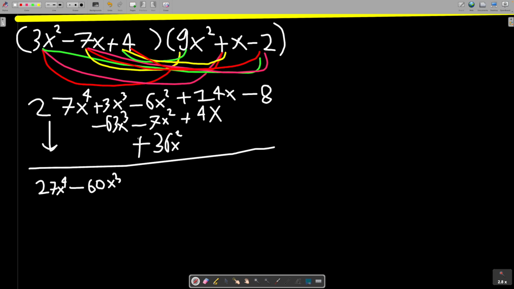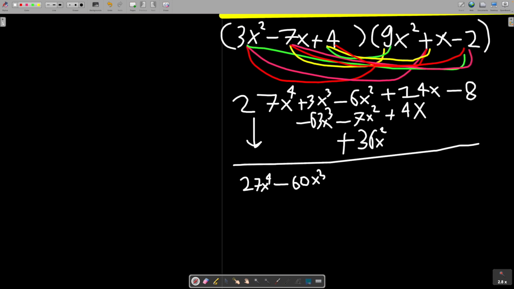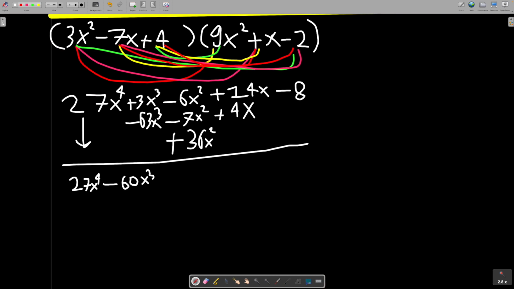Next we have negative 6x squared minus 7x squared, which is negative 13x squared. Negative 7 minus 6 is negative 13. Plus 36, we'll have positive 23x squared.